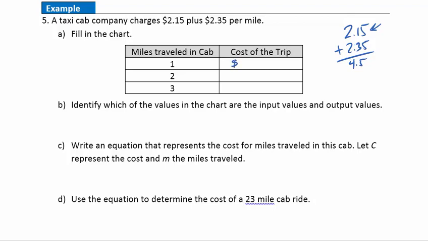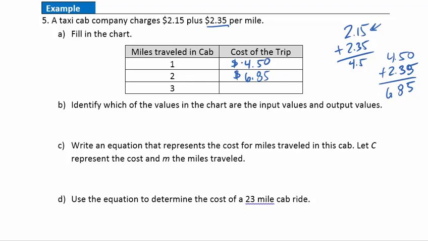And we'll get $4.50. So we come over here in this first spot, put our dollar sign, and say $4.50. Now, if we drive a second mile, we're going to get charged another $2.35. So all we have to do now is take $4.50 plus $2.35, and that's going to give us $6.85.